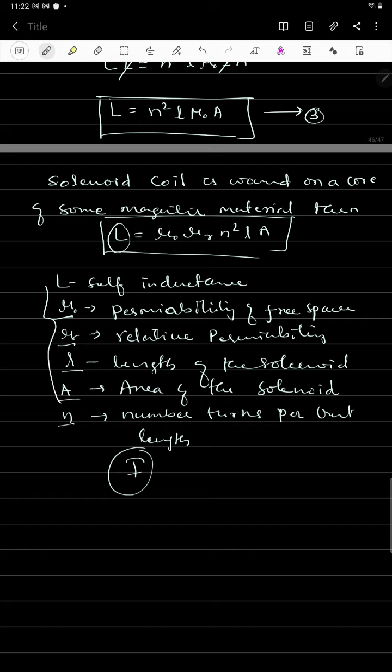So this is the expression of self-inductance which we have derived here. It means L is directly proportional to mu naught and mu r, and to the square of the number of turns, and to the length of the wire, and to the area of the solenoid. Thank you.